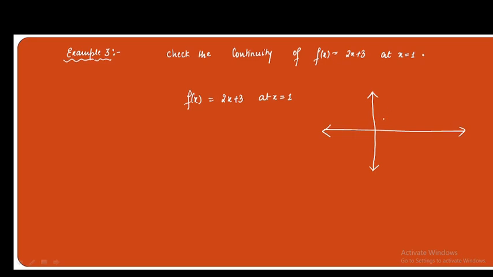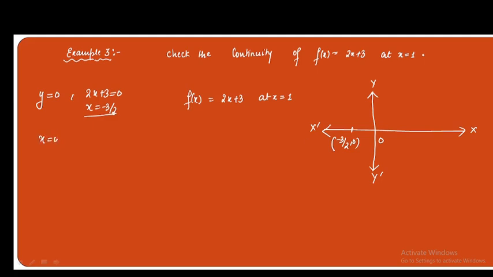You can use both the techniques. Take x, y, x dash, y dash, and this is origin. Now put y equal to 0. You will get 2x plus 3 equal to 0, so x will be equal to minus 3 by 2. It means that it is intersecting x-axis at (minus 3 by 2, 0).